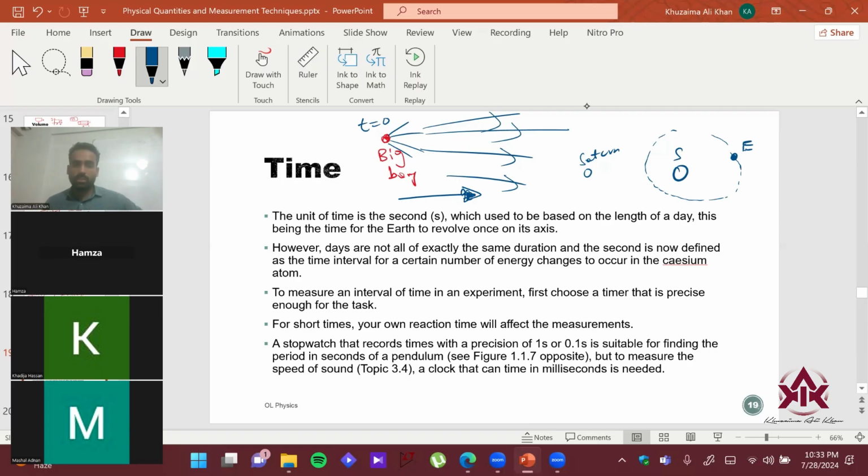To keep it simple, time is measured in seconds and we use clocks, watches, and pendulum clocks to measure time. So how do we measure days? We cannot measure time in days because there is no standard system like that in the entire world. So we have a fixed definition, the SI unit of time, that is seconds.